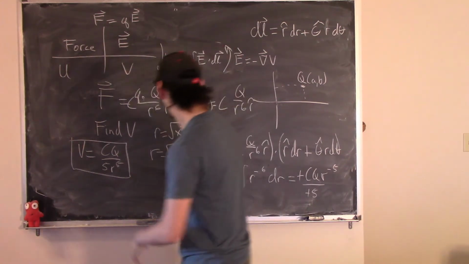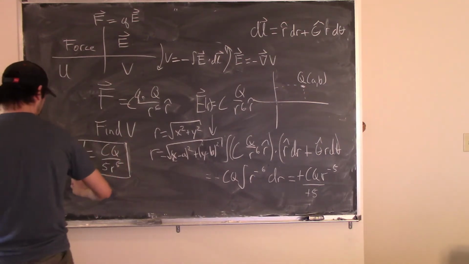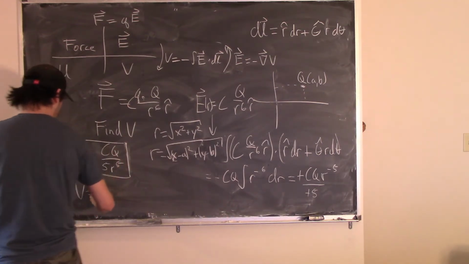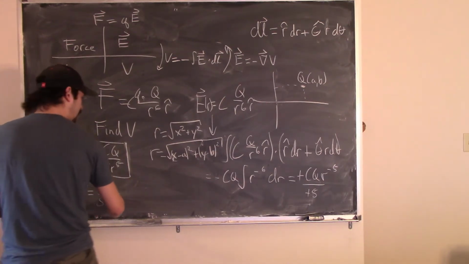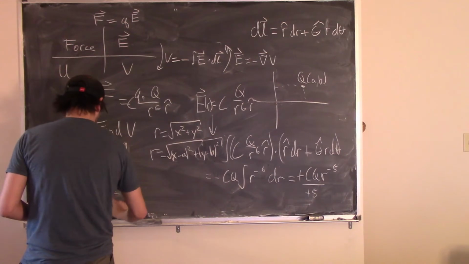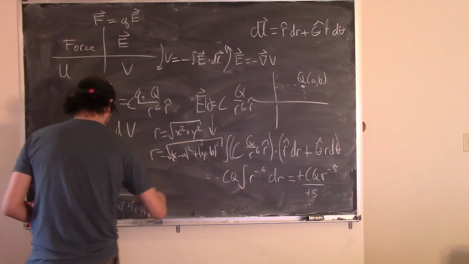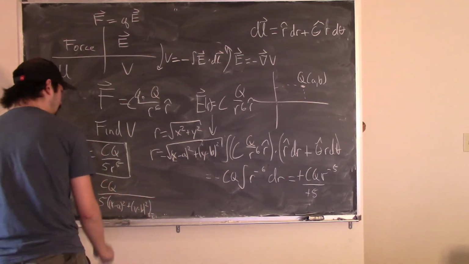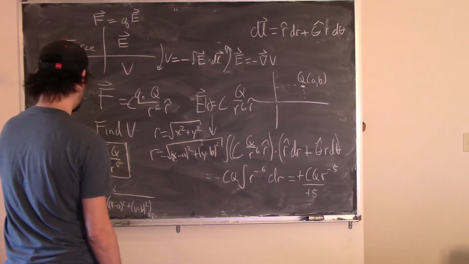And so the final answer is going to be V is equal to CQ divided by 5 times (x minus a) quantity squared plus (y minus b) quantity squared, to the 5 halves.